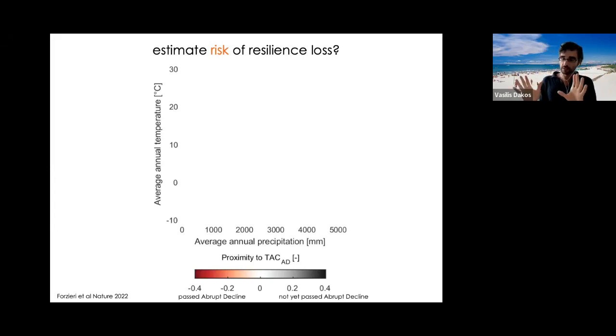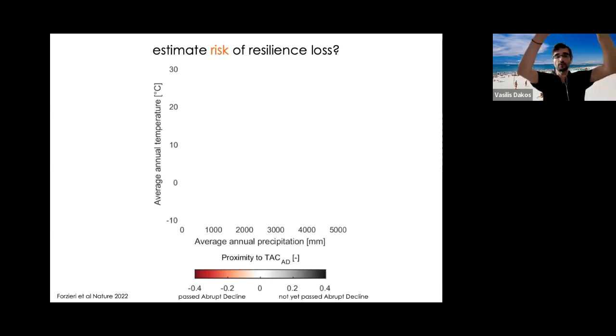So we have this model where, in theory, we can predict the temporal autocorrelation at which we will get an abrupt decline, given a set of environmental variables. Now we use the environmental variables for the places that have not yet experienced an abrupt decline, and we predicted what the temporal autocorrelation should be.